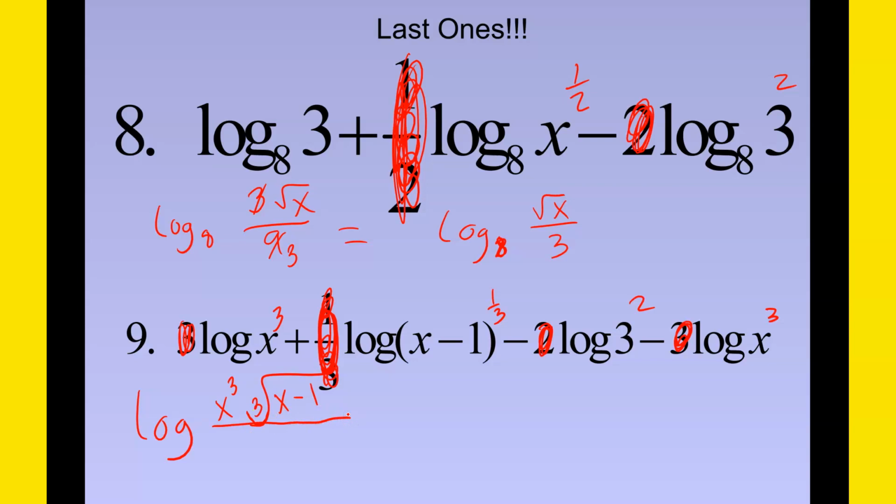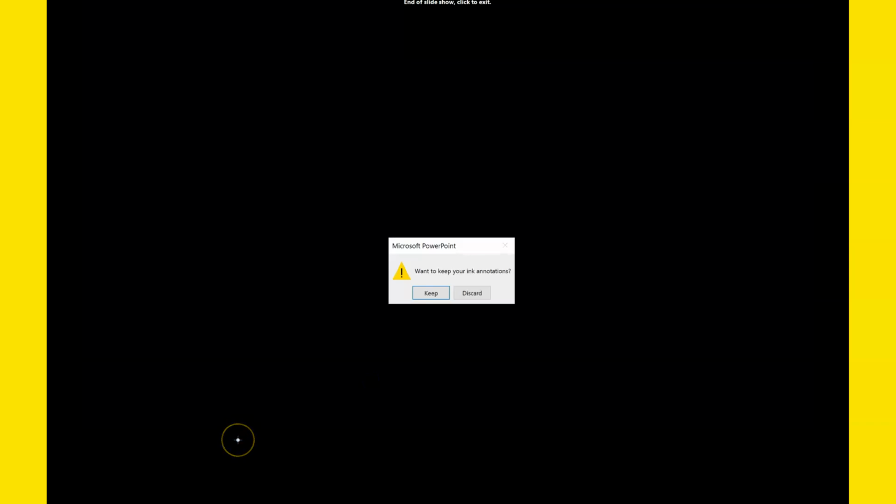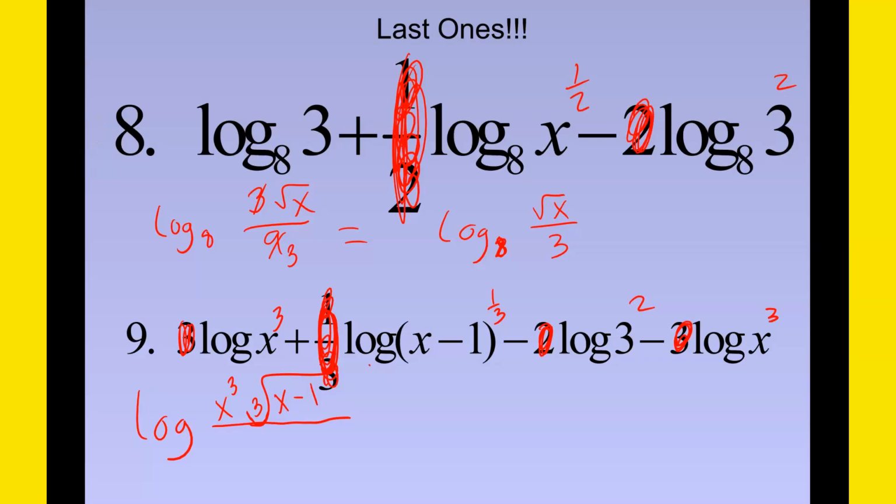And I've got a 9. 3 squared, I'm just going to write that as a 9. Just going to keep that 3 squared as a 9. And I've got an x cubed on the bottom as well.